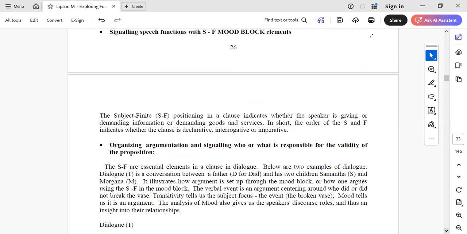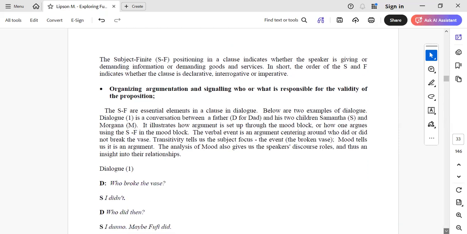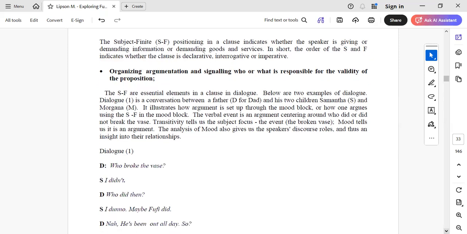In short, the order of the subject and finite indicates whether the clause is declarative, interrogative, or imperative. And I think that as teachers, you already know about that. For example, let's have a look at this one. When we say who broke the vase, right? Now, what makes it interrogative?